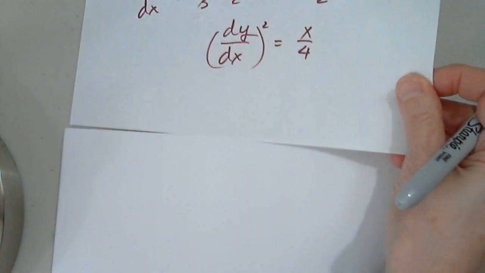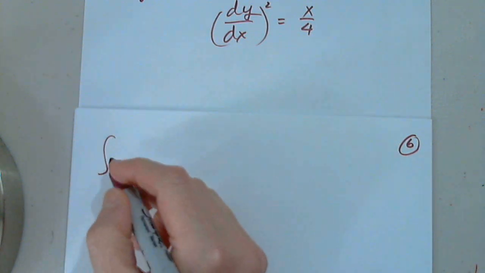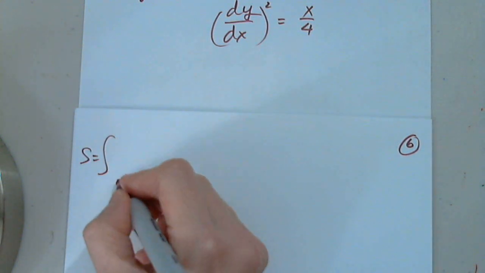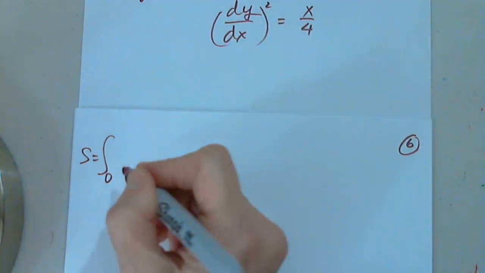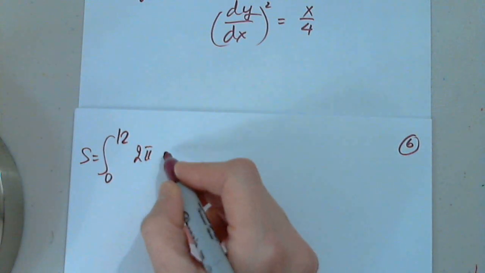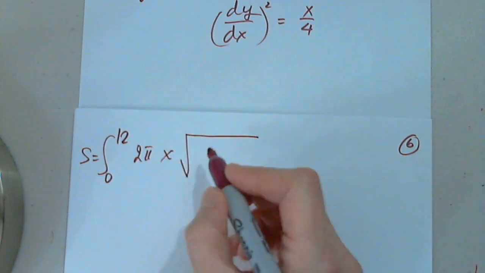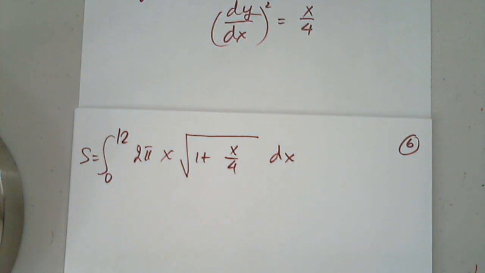Okay, so now let's write the surface area. So S is the integral from 0 to 4. I'm sorry, 0 to 12. Yeah, 0 to 12, of 2 pi x times the square root of 1 plus x over 4, dx.